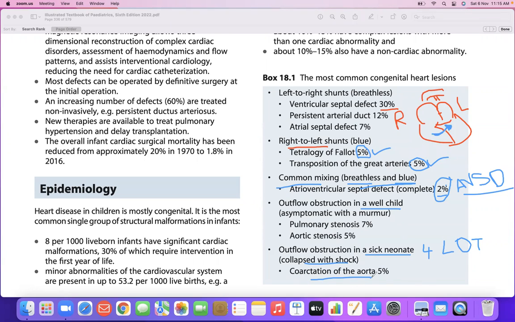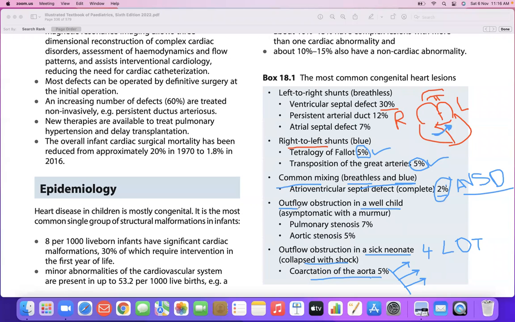One is coarctation of aorta, another is critical aortic stenosis, hypoplastic left heart syndrome, and also interrupted aortic arch.